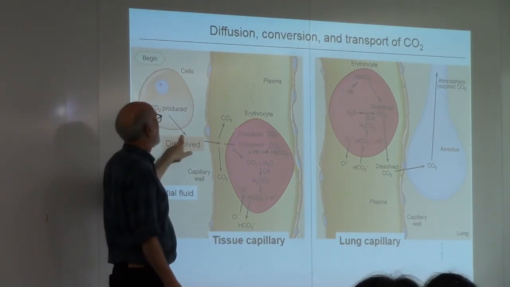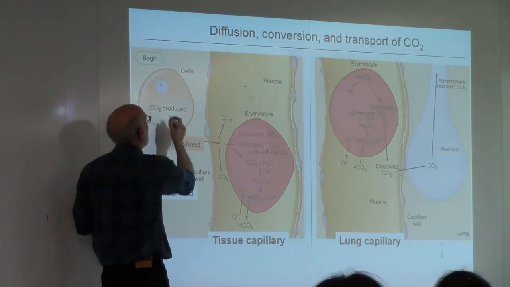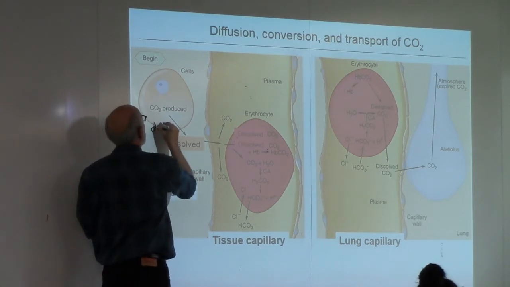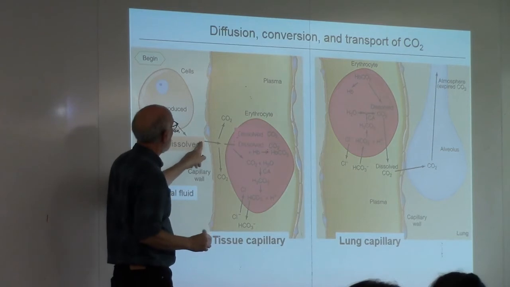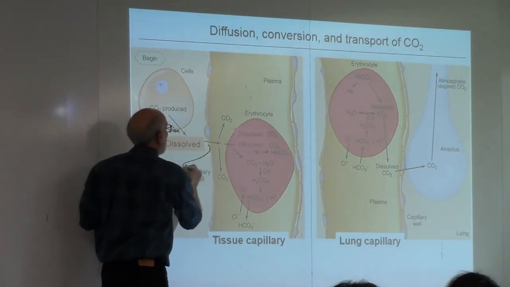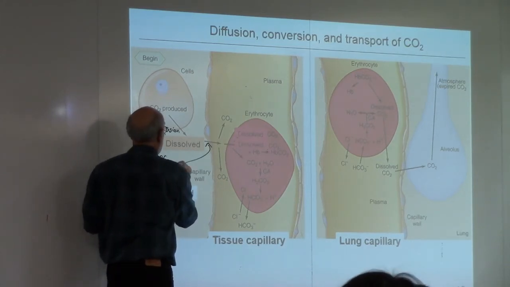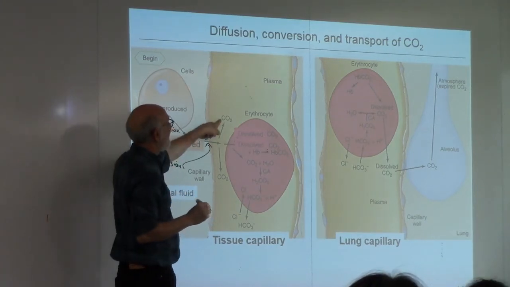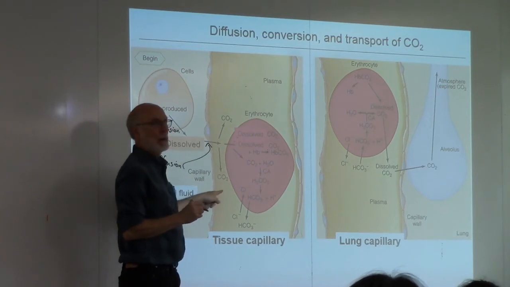What's the name of this arrow? Let's just do, maybe we'll do half this. What's the name of this arrow? Diffusion. What's the name of this arrow? That's diffusion. What is this CO2 doing here in serum?